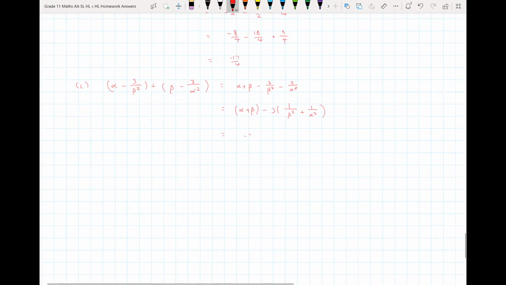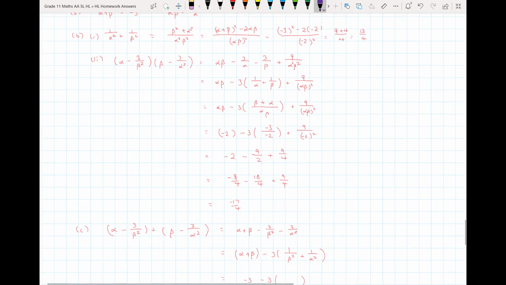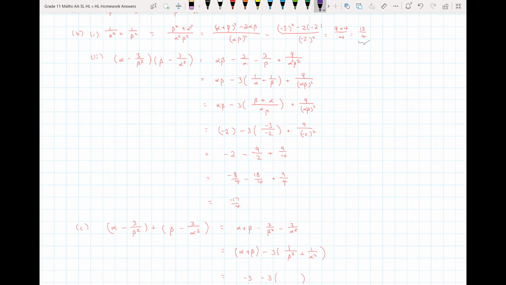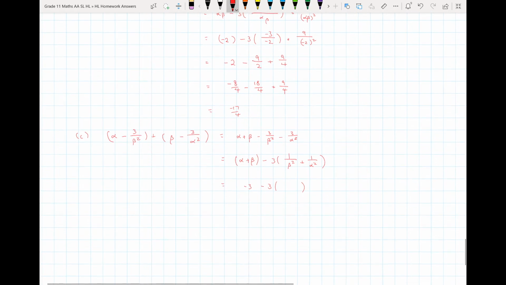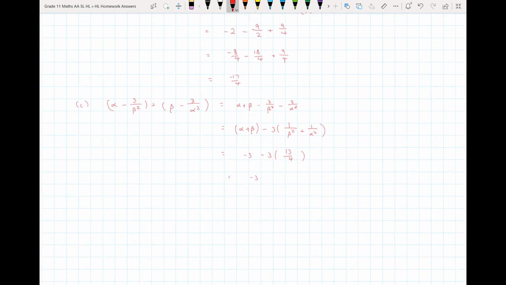So we have minus 3 times, this is from this here. So this should be 13 over 4. And this will be negative 12 over 4, so negative 51 over 4.